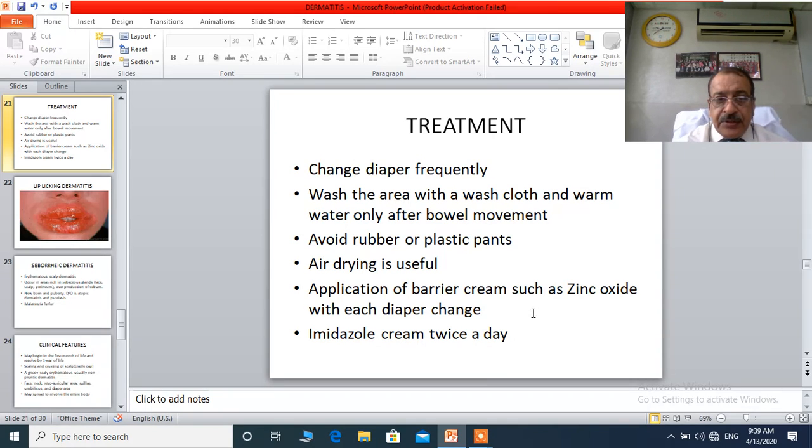The treatment of this condition is that the mother should change the diaper of the baby frequently and wash the area with a wash cloth and warm water only after bowel movements.